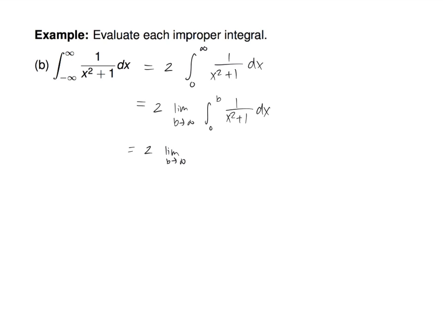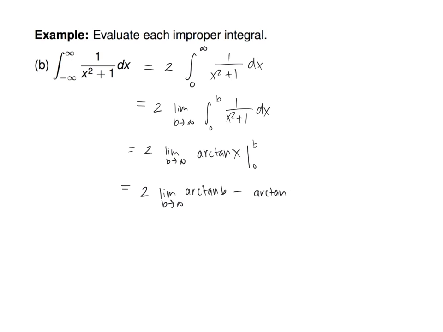Okay. So what's the antiderivative of 1 over x squared plus 1? Arctan. So we have twice the limit as b goes to infinity of arctan of b minus arctan of 0.